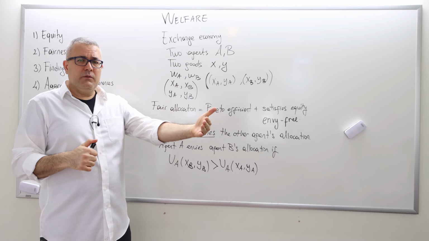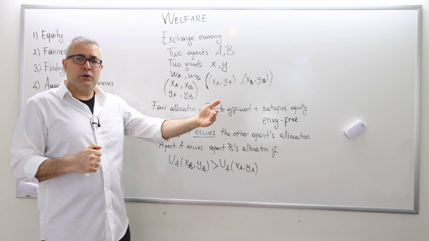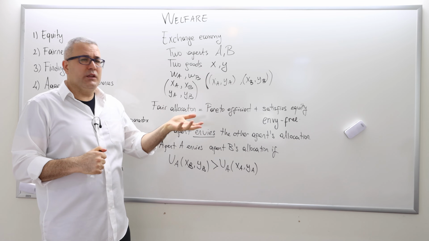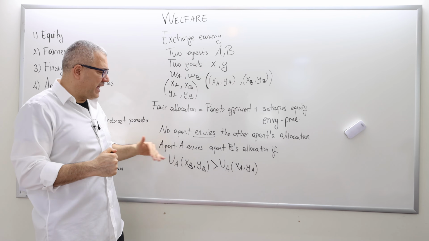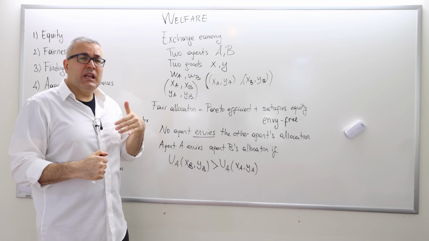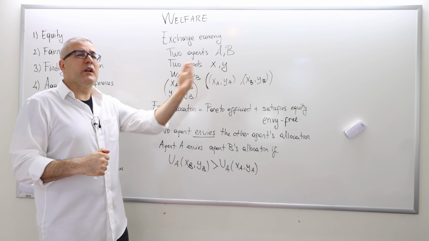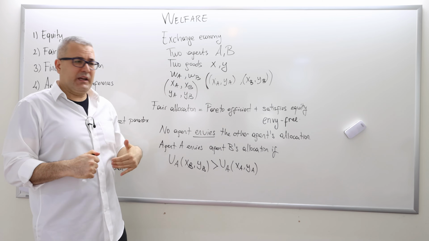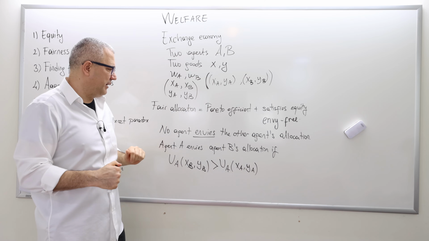I envy you, in a sense, because I like your allocation. I like what you have more than what I have. So once again, I envy you if I get higher utility with what you have in comparison to what I have.